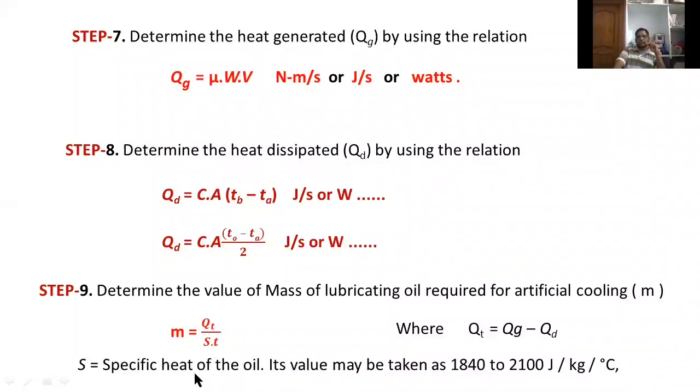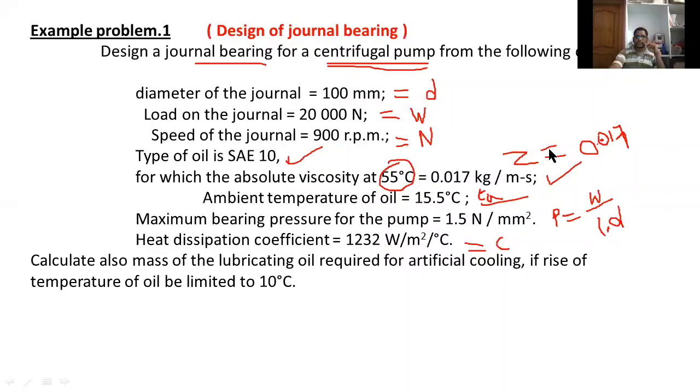S is the specific heat of the lubricant oil. Usually, the value for specific heat is 1840 to 2100 joule per kg per degree Celsius, and t is the rise of temperature. So by using these 9 steps, we have to consider.